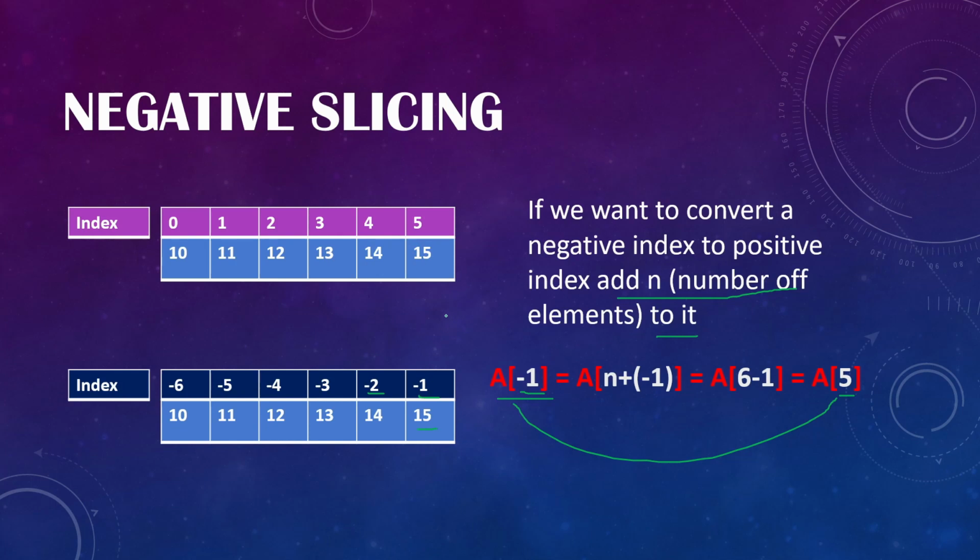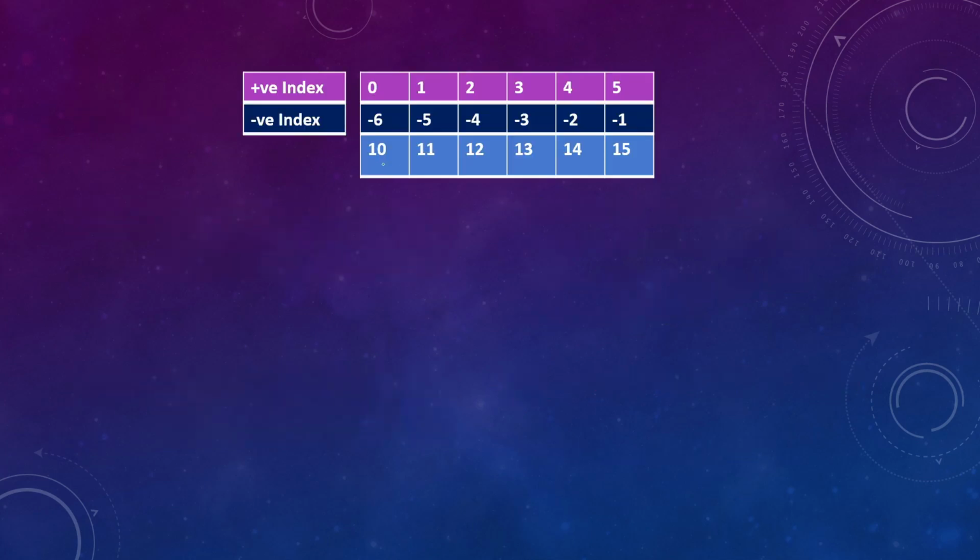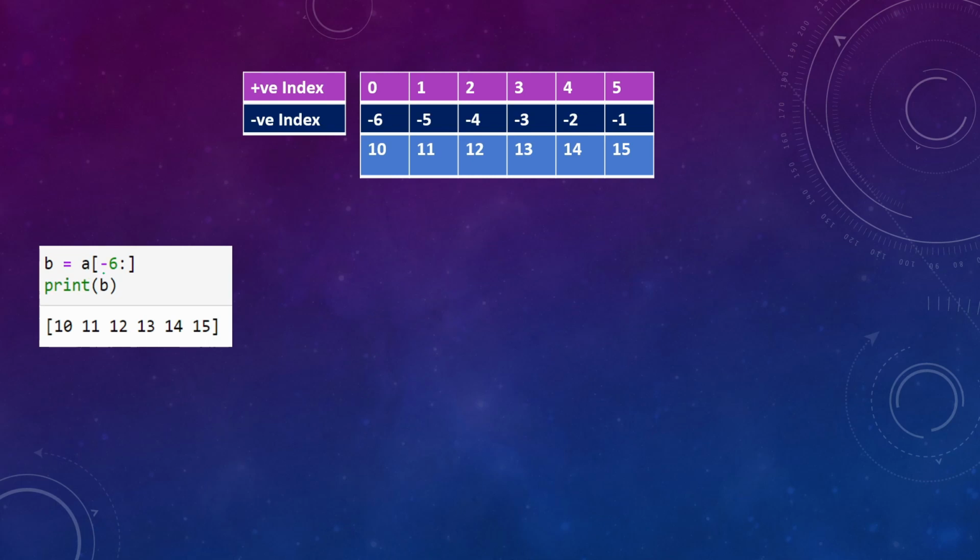Okay, now let's see some examples of negative slicing. So here is the array. The array again has 6 elements, and in the first row all the indexes are positive indexes, and in the second row we have negative indexes. Now if we consider a of -6 colon, that is the start index is -6, what we will get is all the elements from the starting index towards the end of the array, and the result also shows the same.